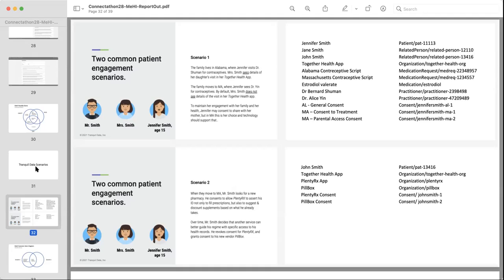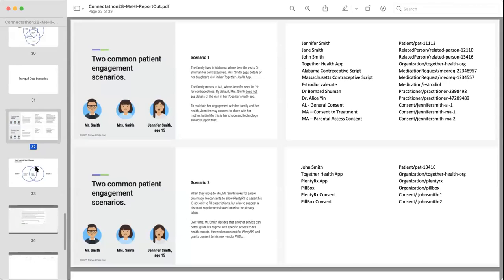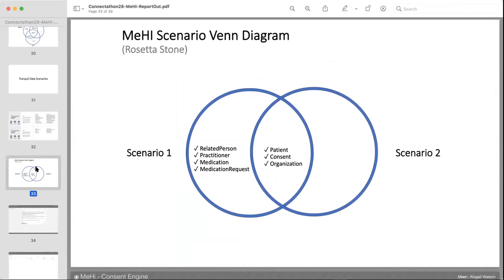And so we went through an exercise, and we coded up these two scenarios into FHIR records, made the relating endpoints, and looked at a similar type of Venn diagram of what would be the commonalities, the interoperability between those different scenarios. And again, we found patient and organization being the two central ones, but also consent.